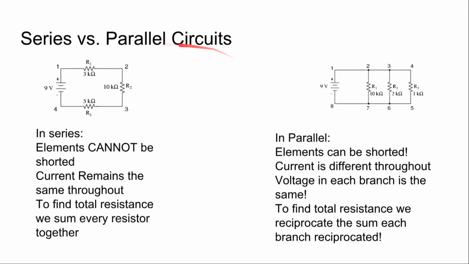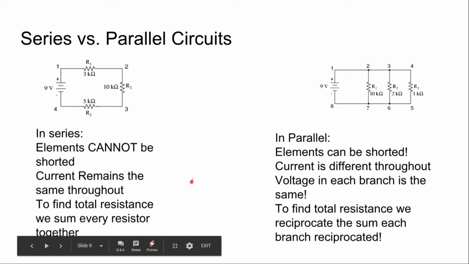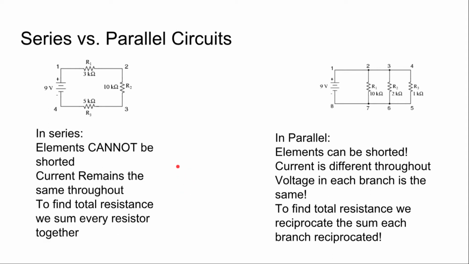What's the difference between series and parallel circuits? These are the two common types of circuits you will see in a common design. These will also be combined, so keep in mind how to differentiate them. First, series: certain elements cannot be shorted, which means you can't skip the element, and charge must flow through all the elements. The current remains the same throughout in a series circuit, and to find the total resistance, we just sum every resistor together.